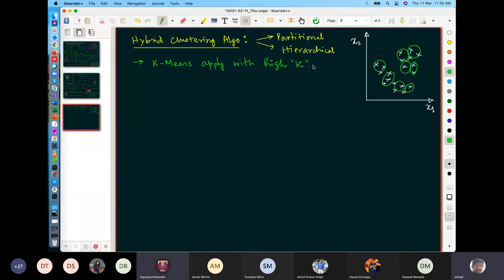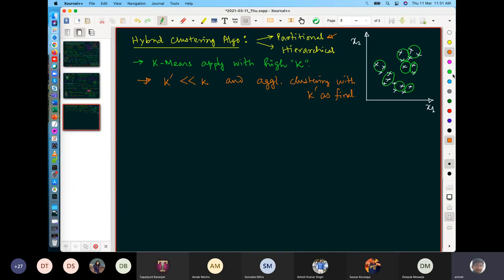Yes, sir. So now you can see the essence. At the second step, after partitional has been done with the bigger clusters, I have a k dash, which is obviously far less than k, and do an agglomerative clustering with k dash as the final set of clusters.